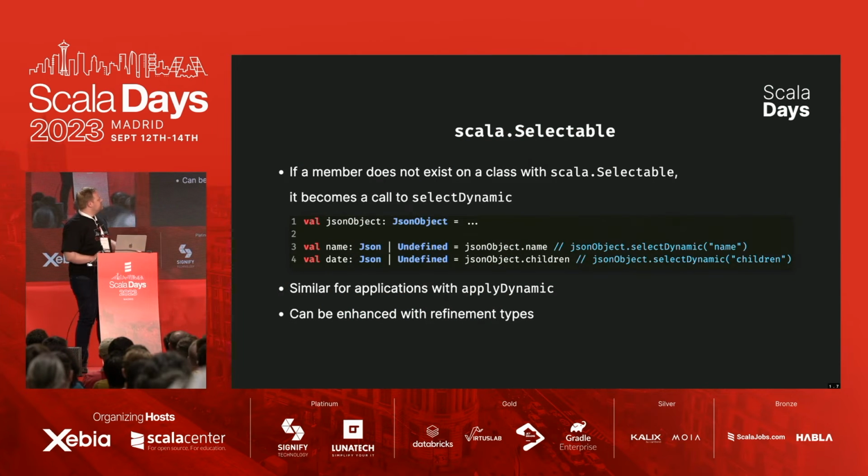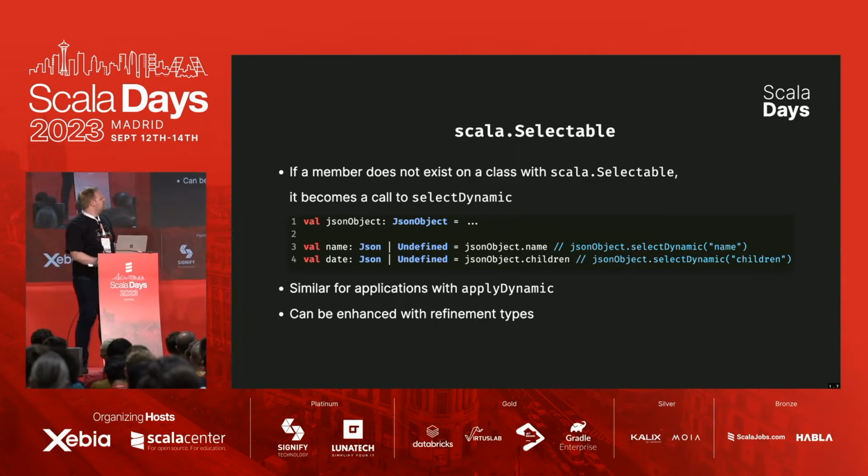So the slides that are in dark are mostly background on Scala and concepts that we need to use, but not really the code that we're implementing. So here is a bit of background on the Scala Selectable. If we have an object that extends Selectable, and we access a member that is not defined on that class, then we're going to call selectDynamic instead and give the name explicitly.